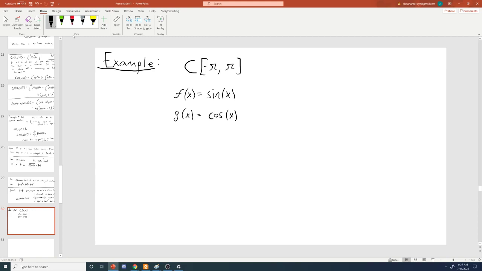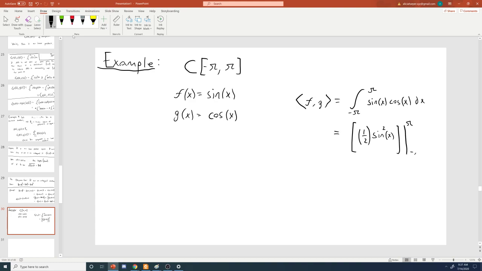And the first thing I'm going to do is look at the inner product of these two things. So the inner product of f and g is the same thing as the integral from negative pi to pi of sine of x times cosine of x dx, which is, of course, the same thing as the evaluation of 1/2 sine squared of x evaluated at pi and negative pi.